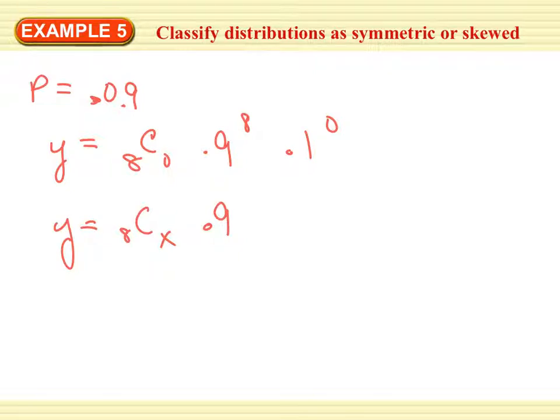I apologize, I have these backwards. That would be 0, and that would be 8. So I'd have 0.9 to the x, and 0.1 to the negative x plus 8. I don't know why I wrote 0 again. Negative x plus 8. That's what I would type into my calculator, and I would see the data.